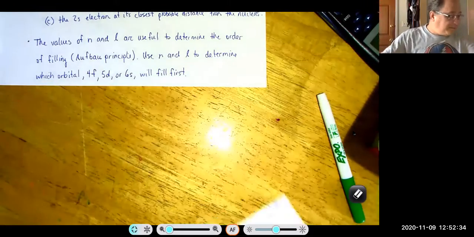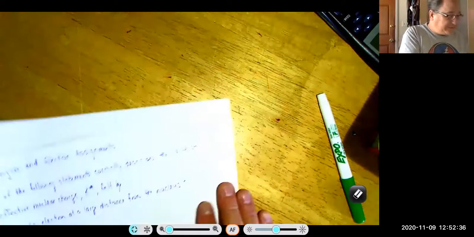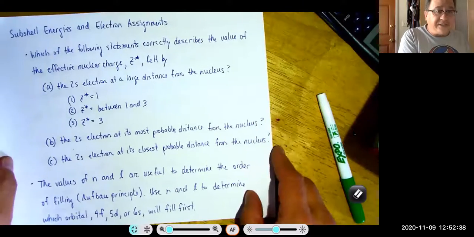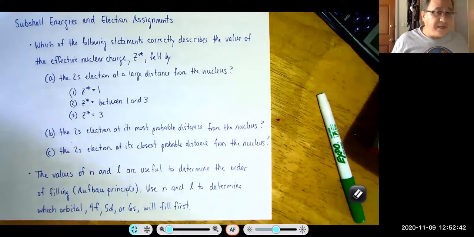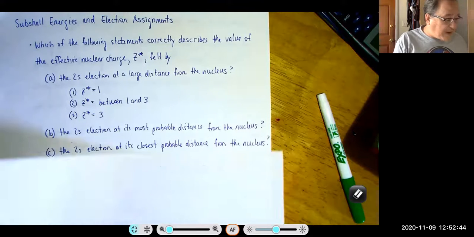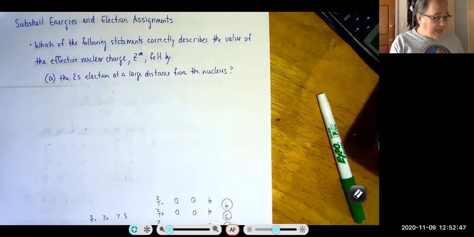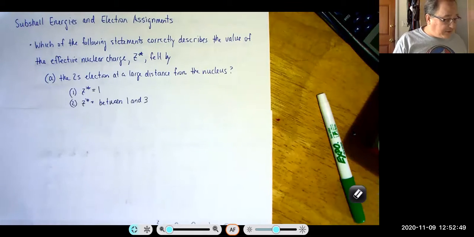Next problem here is subshells, energies, and electron assignments. Which of the following statements correctly describes the effective nuclear charge felt by the 2s electron at a large distance from the nucleus?